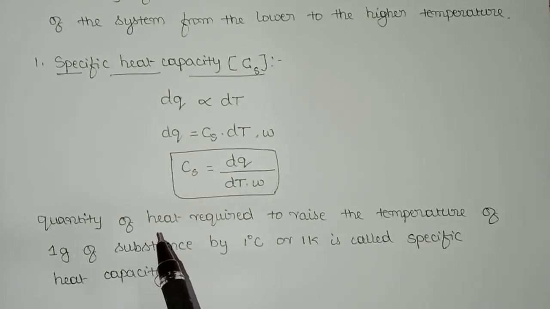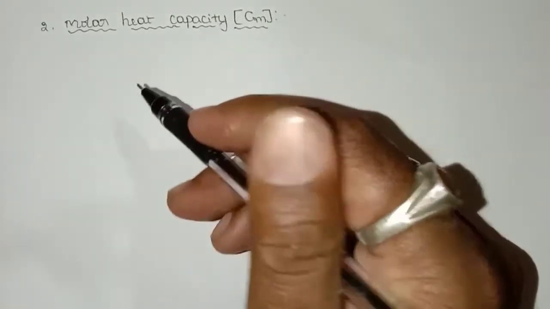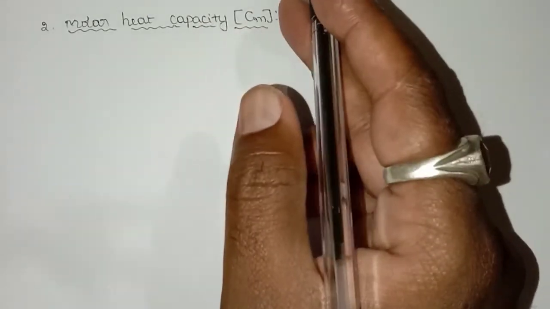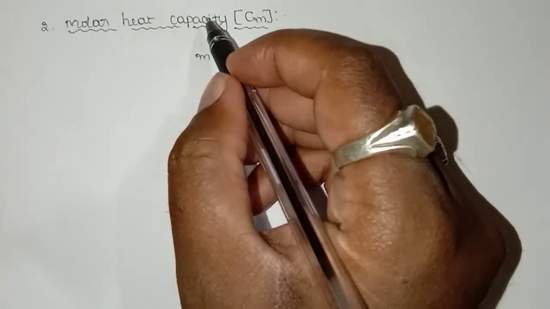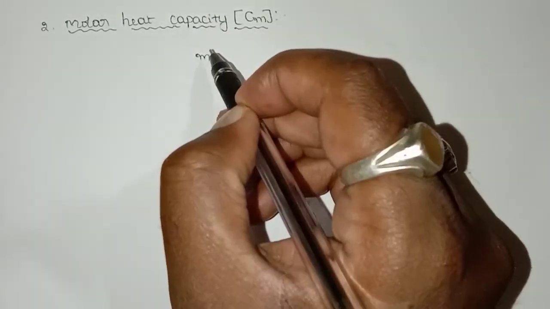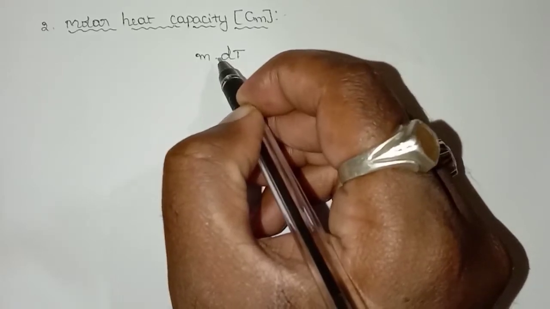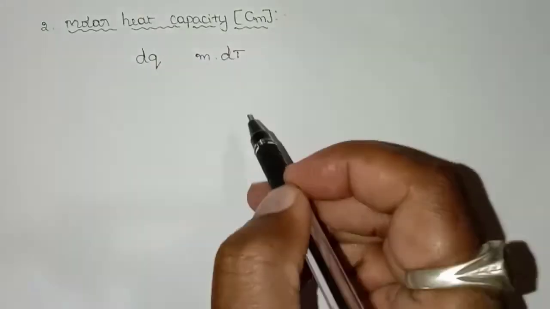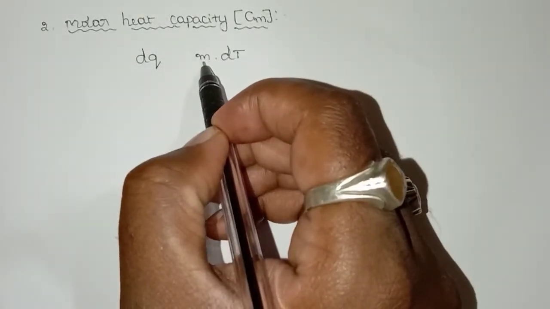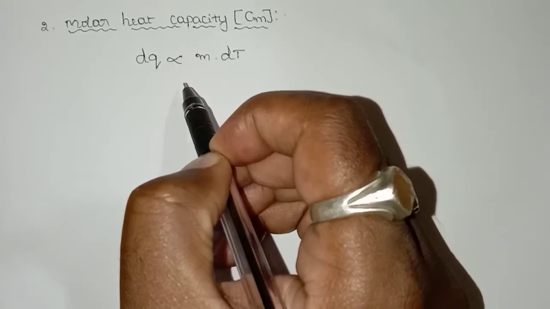And now we shall go for the second type of heat capacity, that is molar heat capacity. In the case of molar heat capacity, the amount of substance will be taken in terms of some definite amount of moles. Say if m moles of a substance is taken, and in order to raise the temperature of this particular substance by dT, we are supposed to provide heat energy, and the quantity of heat energy that will be supplied will be equal to dq. For m moles of a substance, the change in temperature will be directly proportional to the quantity of heat supplied.